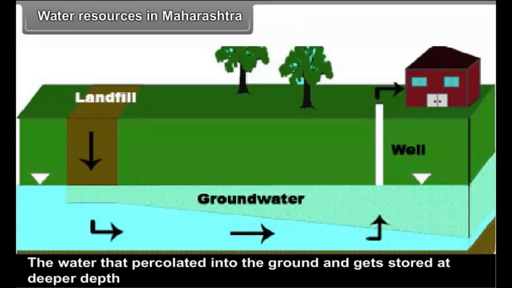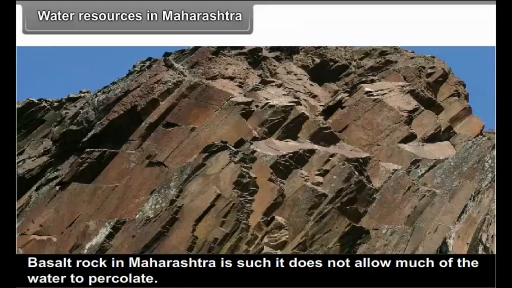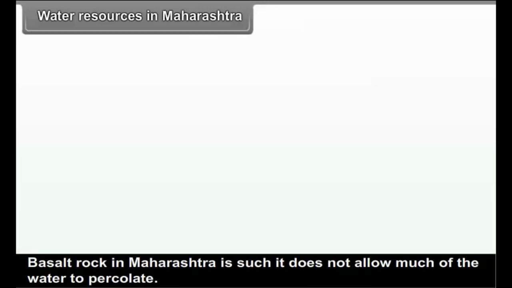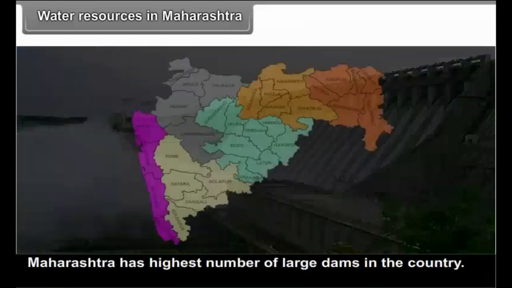The water that percolates into the ground and gets stored at deeper depths is termed as groundwater. Basalt rock in Maharashtra is such that it does not allow much of the water to percolate. The dams having a height of 10 meters and above are called large dams.